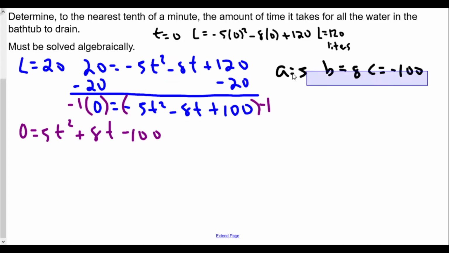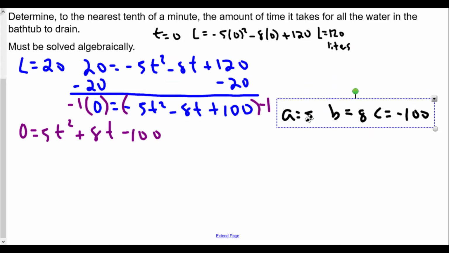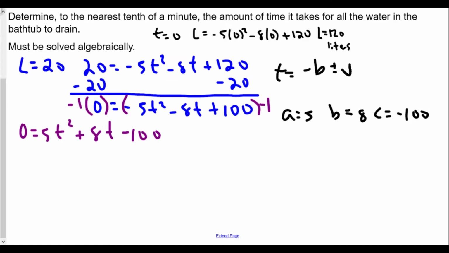Now, if you're not sure why we do this here, hopefully you saw the other problem. The quadratic formula we're going to use is t is equal to negative b plus or minus the square root of b squared minus 4ac, all over 2a. All right, so we'll plug in now.